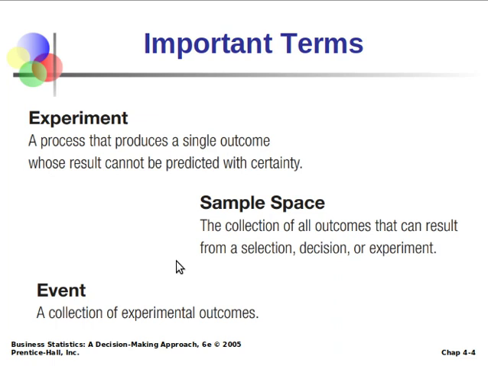Another term is sample space. You should be familiar by now with the term sample, but this one is sample space. It is the collection of all outcomes that can result from a selection, a decision, or experiment.